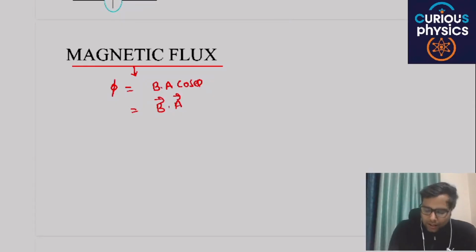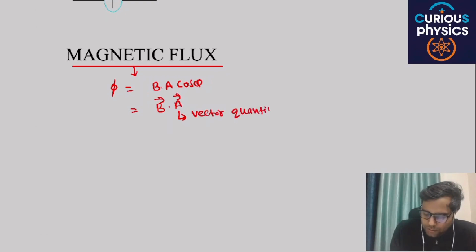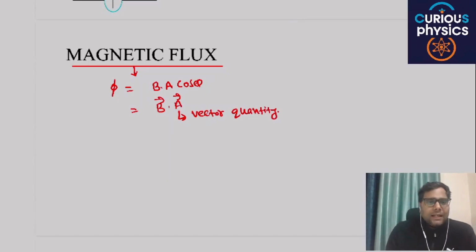Here we have also discussed in chapter 1, area is a vector quantity. You can consider area as a vector quantity. And what will be the direction of area vector?